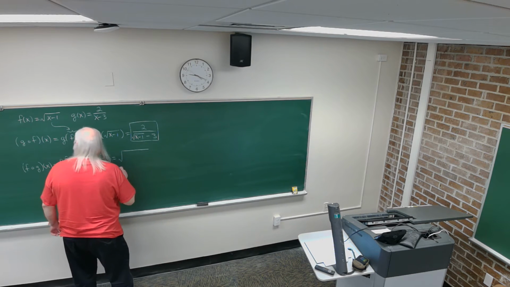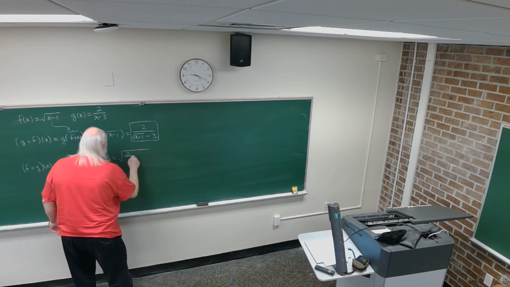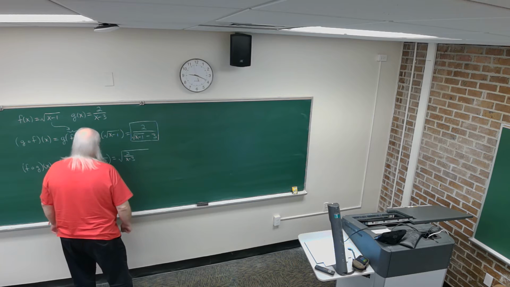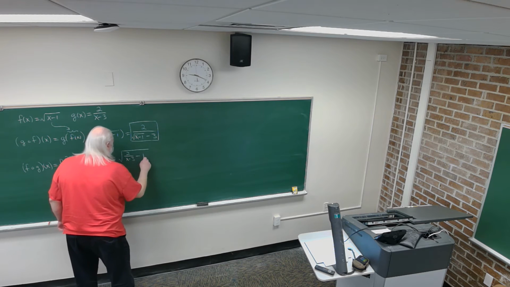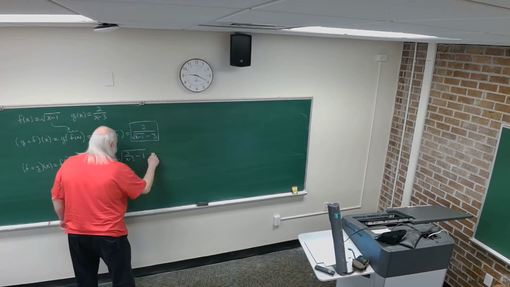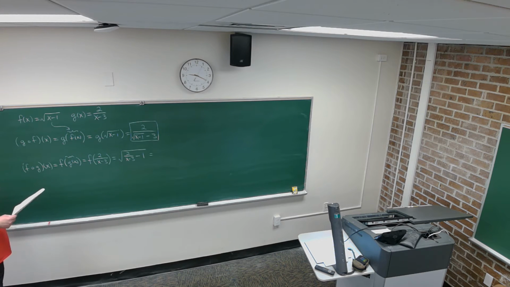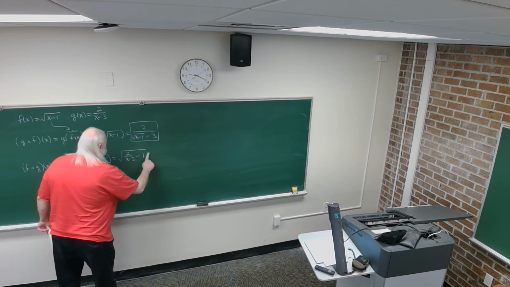So we have 2 over x minus 3 square root of 2 over x minus 3 minus 1. And I think I'm going to write down below.